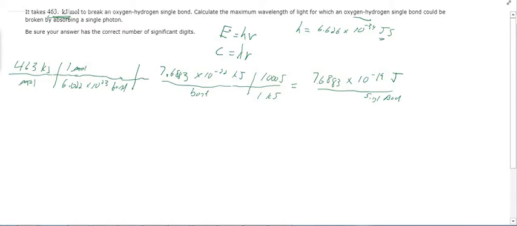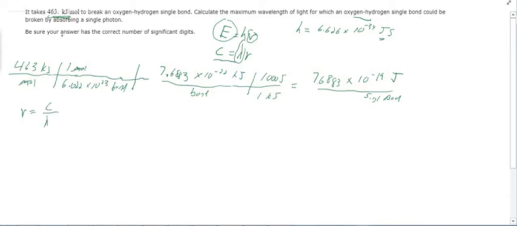So I have calculated E, but we're trying to get to the wavelength, and we're going to have to do that through our frequency. So let's rearrange frequency from this equation. Frequency equals c divided by the wavelength.